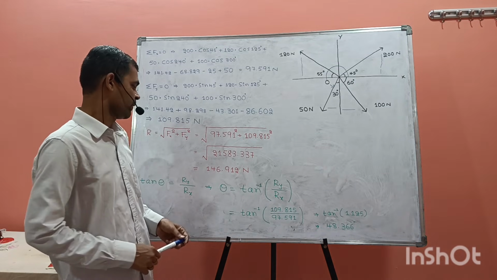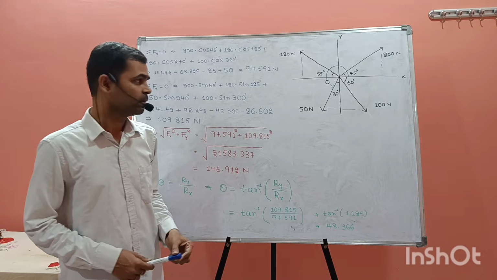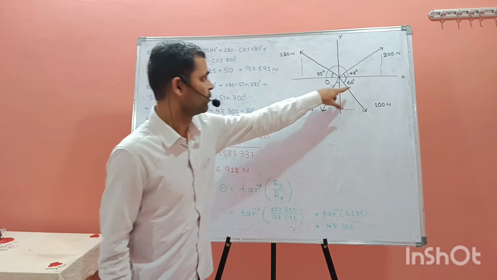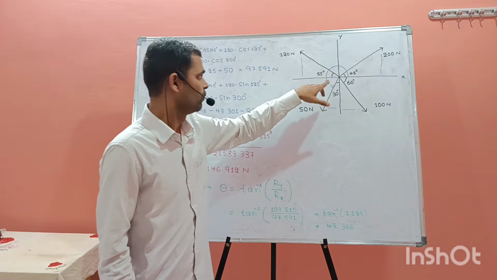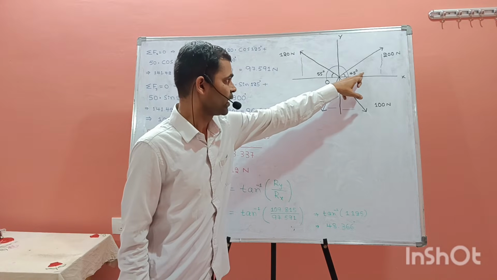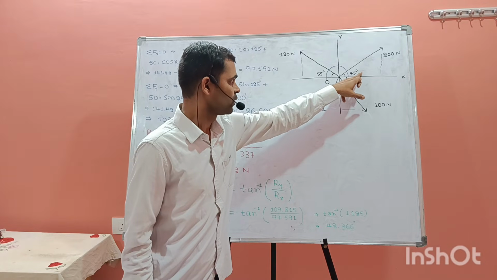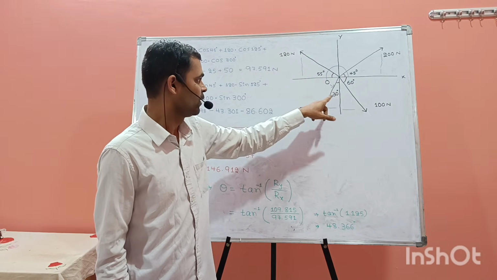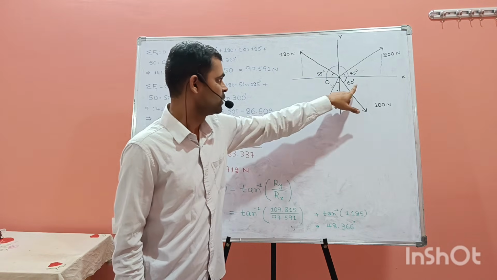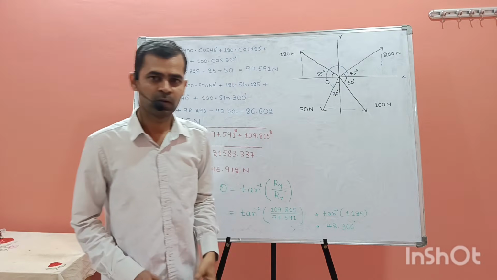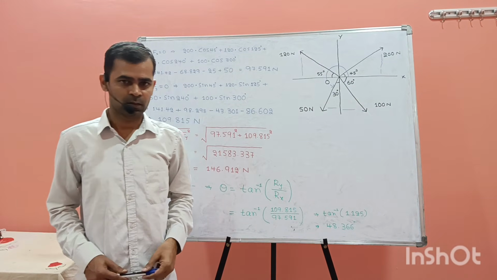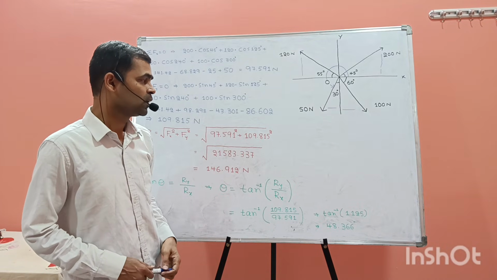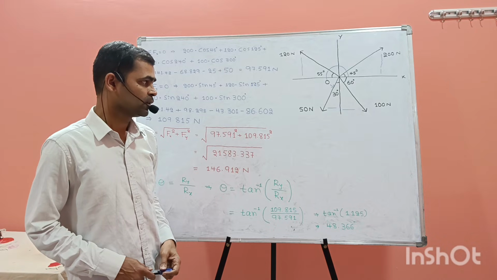The method is almost the same, but in this method we are summing up all the angles, whereas in the second method we will directly take these angles: 45 degrees from this axis, 55 degrees from this axis, 30 degrees from this axis, 60 degrees from this axis. Like that you consider angles and forces in the x and y directions.